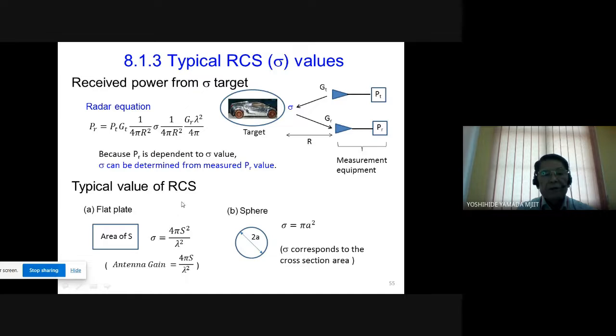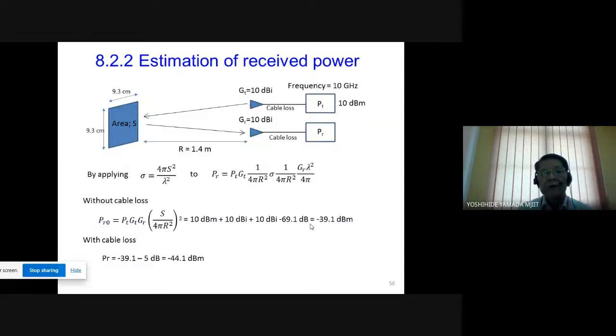And radar cross-section has some special expressions. The radar cross-section of a square area S is expressed as 4 pi S squared divided by lambda squared. And in the case of a sphere, this is very simple: the cross-sectional area, pi a squared, becomes the radar cross-section.